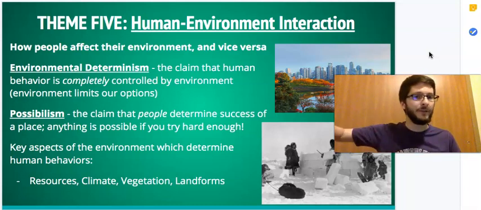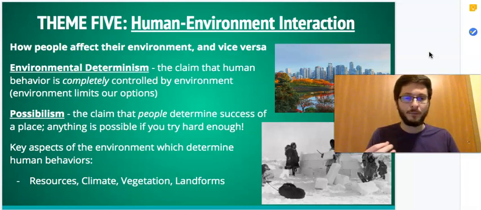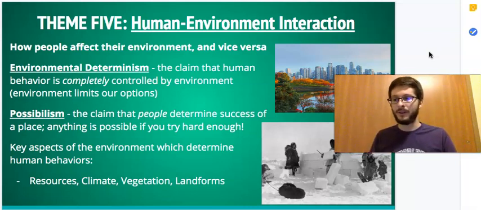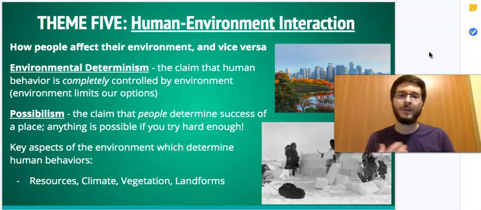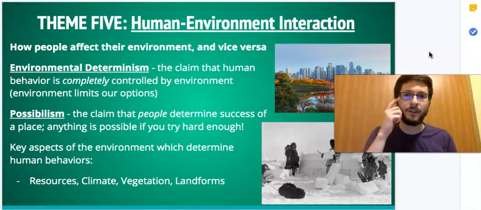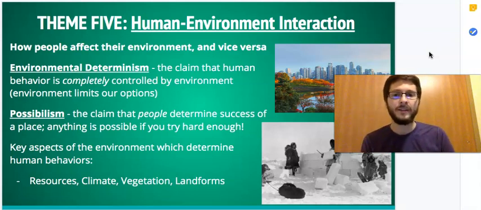Whether it's clearing rainforests to have cattle ranches, or polluting rivers and lakes, or polluting the ozone and leading to drastic changes in our climate, all these different things, right? We impact our environment significantly, but also the environment often impacts people and what we are able to do.